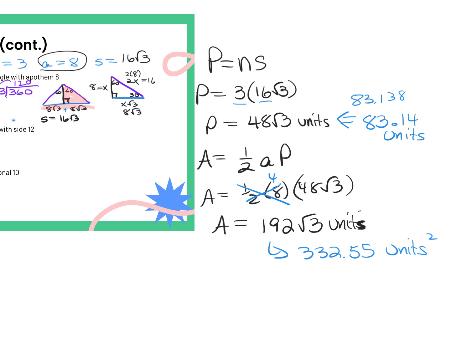However, on some of the questions on the test, it will be left in simplest radical form. So for example, if I give you a hexagon or a triangle or a square, I would expect you to leave it in simplest radical form. Same thing on the next one. We're going to do a hexagon, and then we'll do a square, and then we'll do some trig.